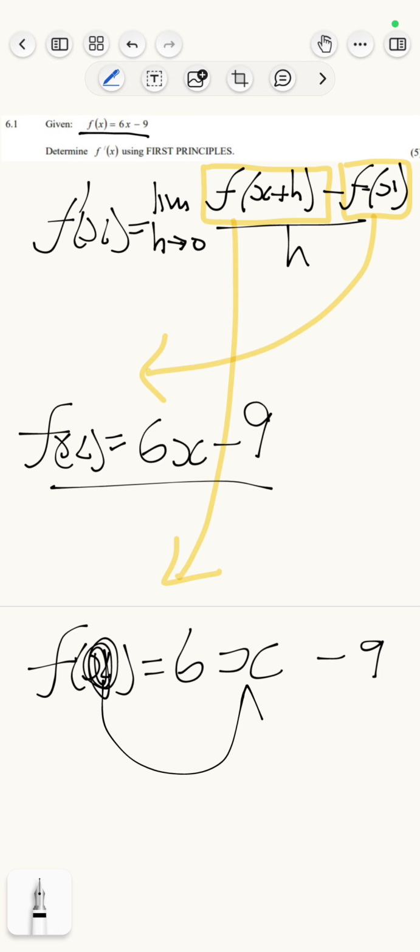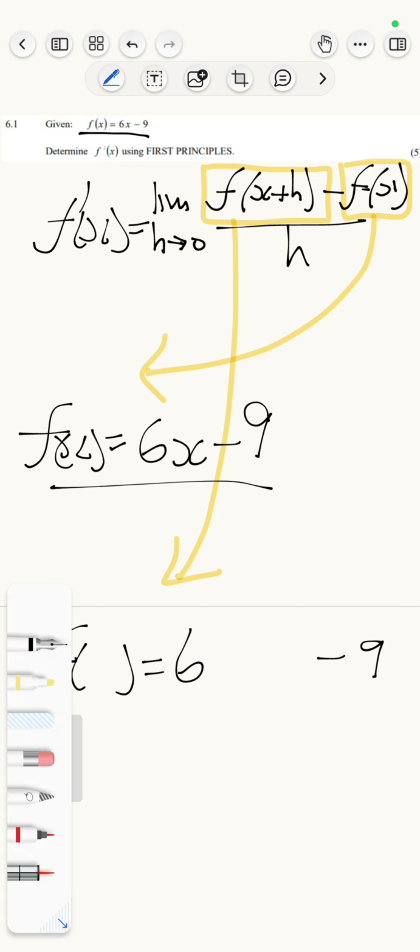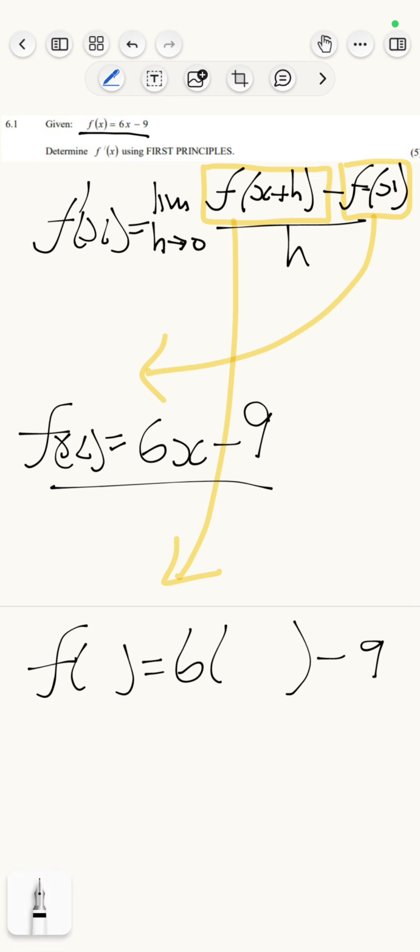That x is this x. What I'm going to do now is replace the x in the bracket. Instead of x, I'm going to put x plus h. So inside my bracket on the right hand side is also going to be x plus h.